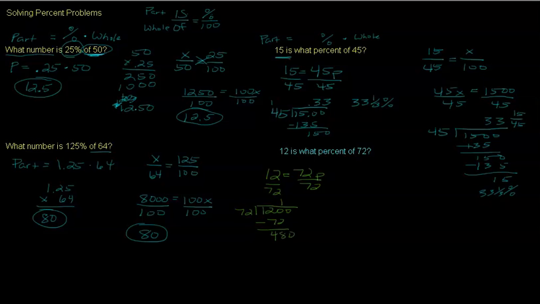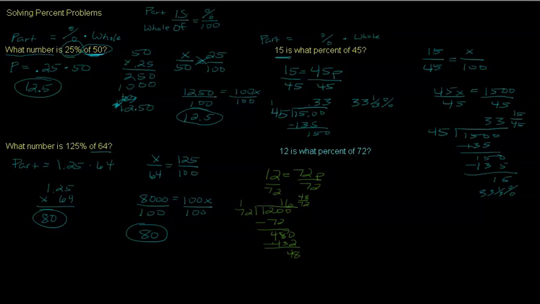Let's try 6 maybe. Okay, 12, 42, 43. Okay, and then we get, what do we get? 7, 8, 48. 16 and 48 over 72.